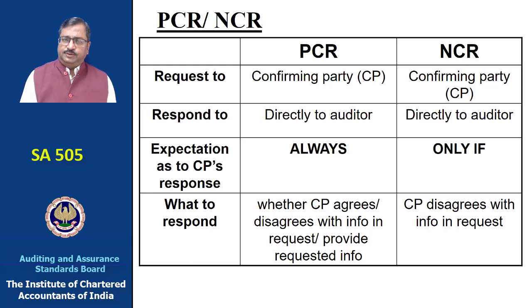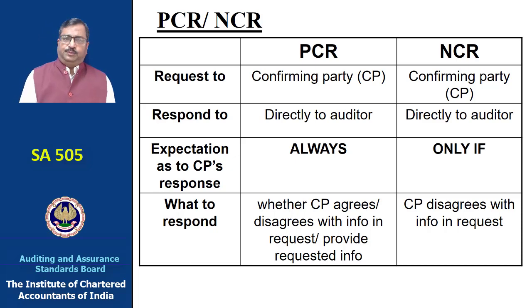As far as a negative confirmation request is concerned, only if there are exceptions, where certain aspects are not matching, does he communicate to the auditor. Therefore, there is a distinction between the positive and negative confirmation requests. Both are requests to a confirming party, to be sent to the auditor directly.